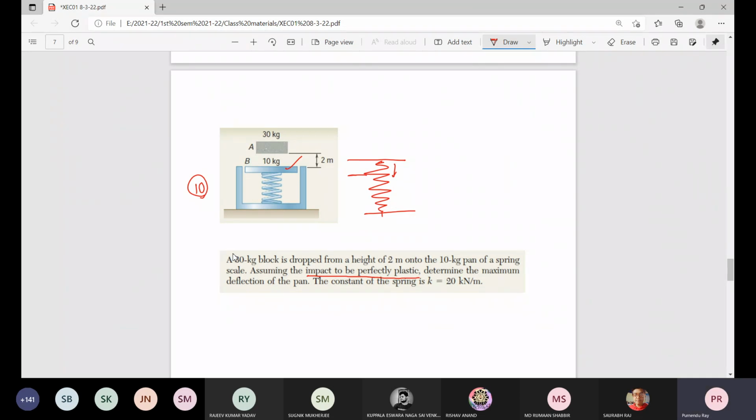Now, if we want to find out the mass of some vegetable, what do you do? They place the pan, its weight is shown here, and we want to find out the net weight of the vegetable. How to do it? Naturally, if that 30 kg vegetable is placed over this spring now, it will show 40 kg.